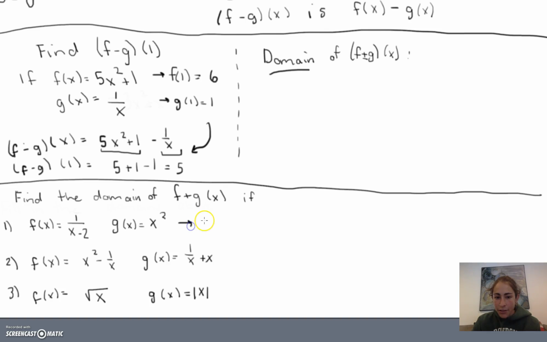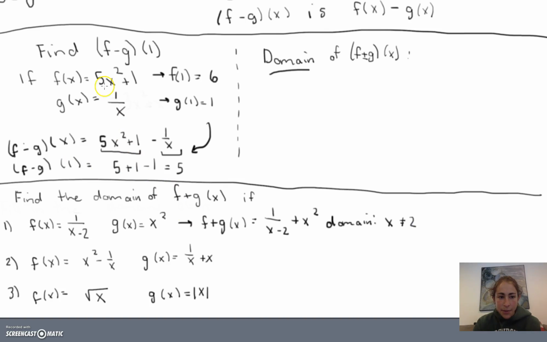So if I find f plus g of x, that's just going to be 1 over x minus 2 plus x squared. So what's the domain of this function? Well, the domain of this function is x not equal to 2.